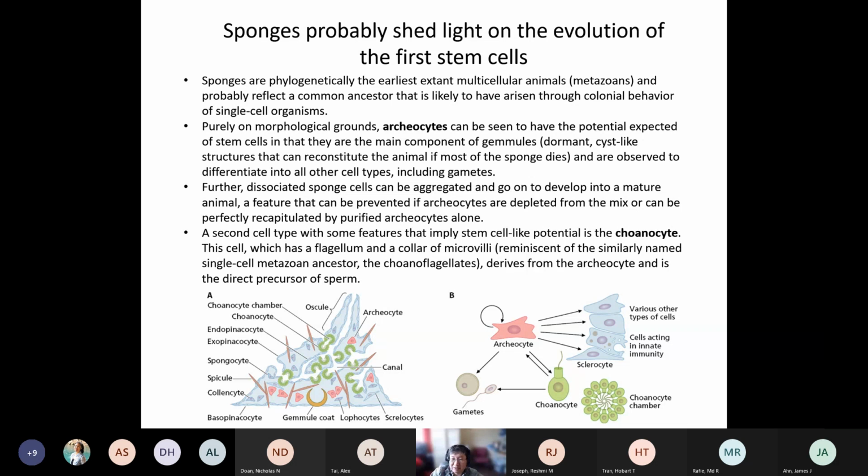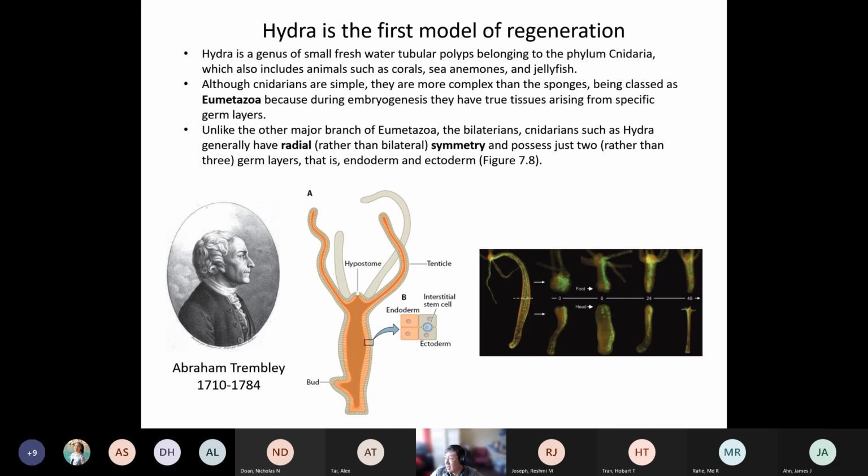That means if you cut them into several pieces, they can regenerate themselves and become several individuals. So they are capable of both asexual and sexual reproduction. The important concept here is this is the first occasion of stem cells that ever get described. That's the origin of all the stem cells in terms of evolution.